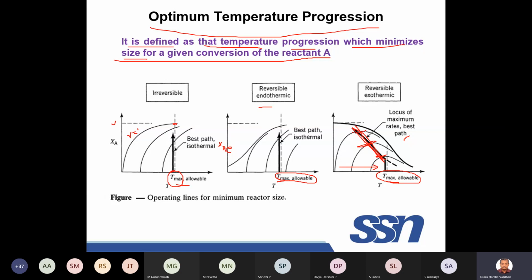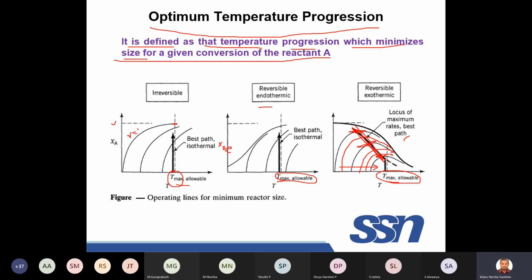At this point also, you have the maximum rate. So you are always at the maximum. There will be some more lines here, which I didn't draw, so don't think that in between there won't be any lines. There will be multiple lines. So this is the locus of all the maximum rates.